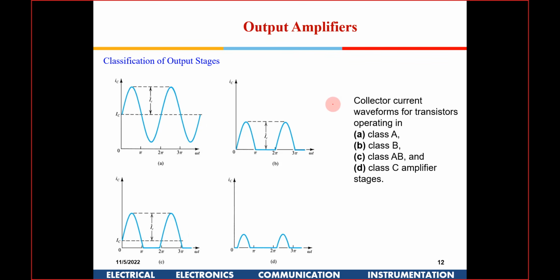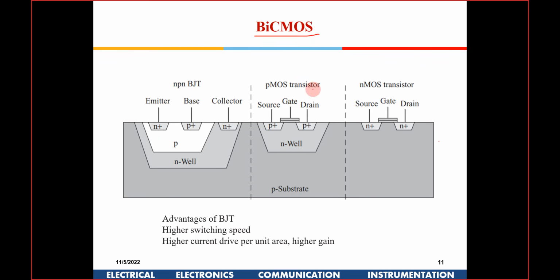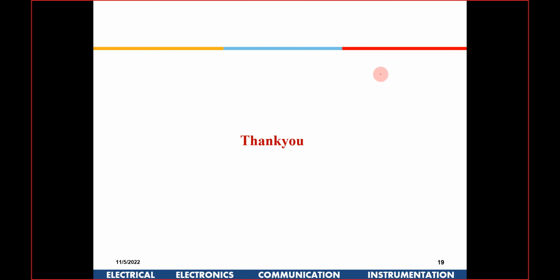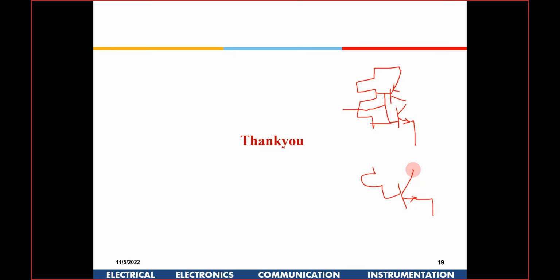BiCMOS circuits you will probably learn in the next semester. It will be something like this. You have an NMOS and then a PMOS. You could have a bipolar transistor just in parallel to this CMOS also. Or you could have a Darlington pair where one is a MOSFET and the other is a bipolar transistor.